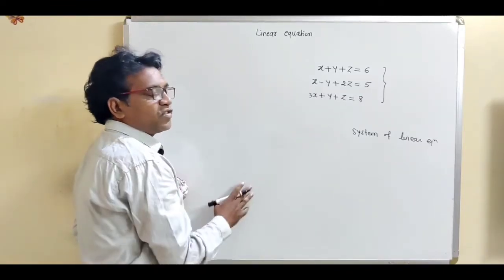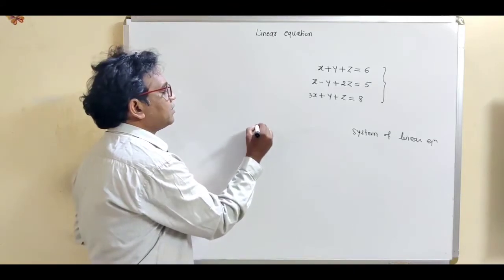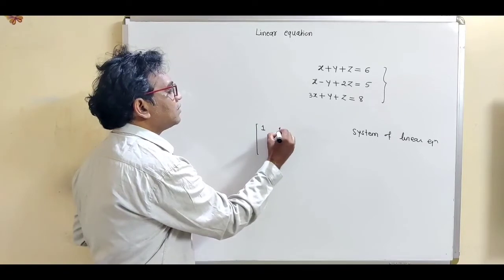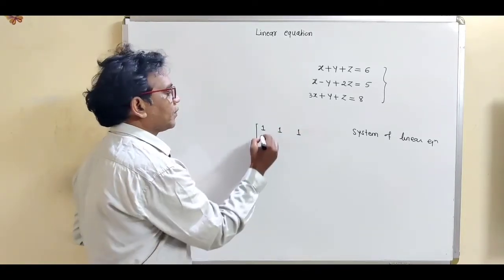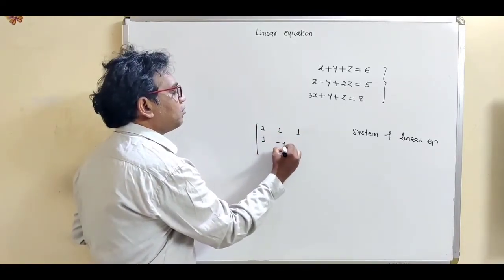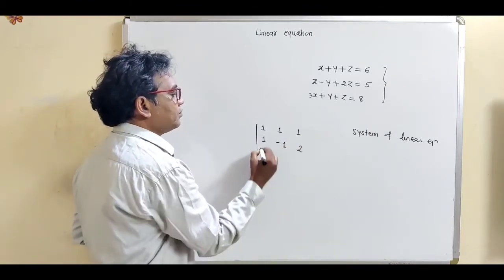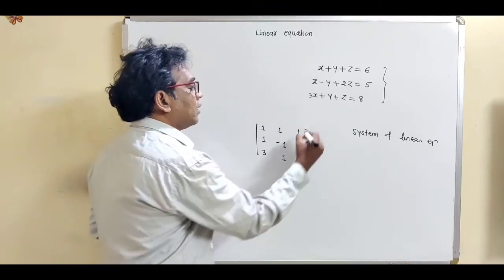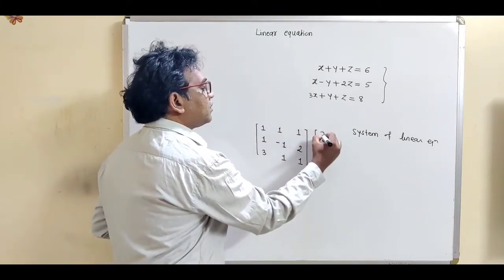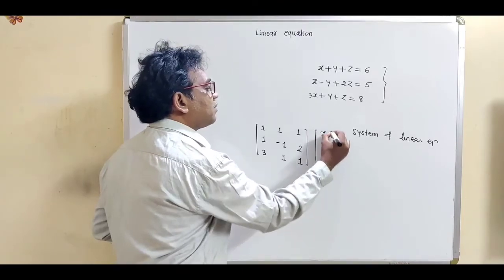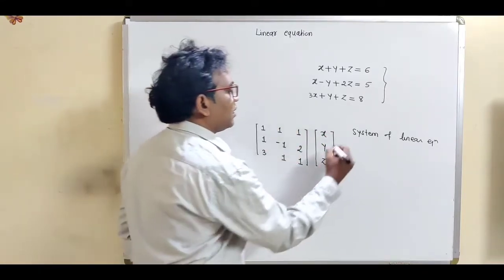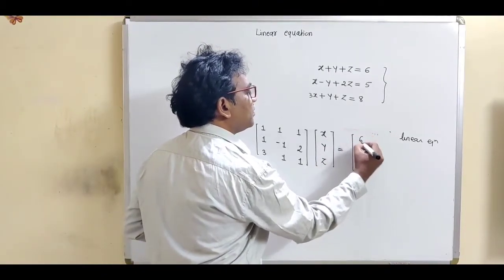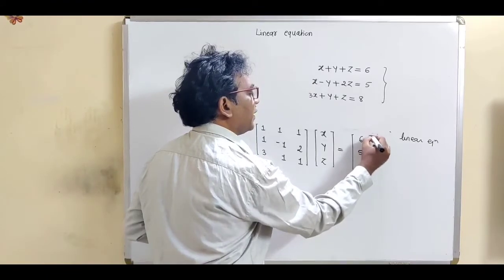Now suppose we consider a matrix equation: the matrix 1 1 1, 1 minus 1 2, 3 1 1, into the second matrix x, y, z, equal to the matrix 6, 5, 8.